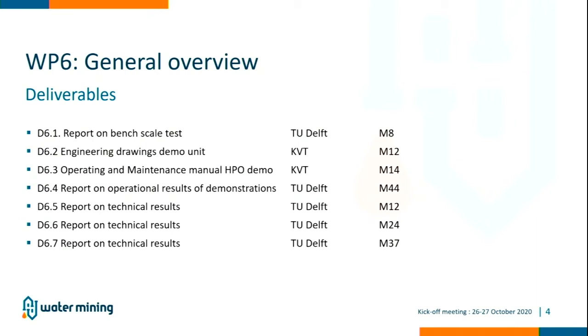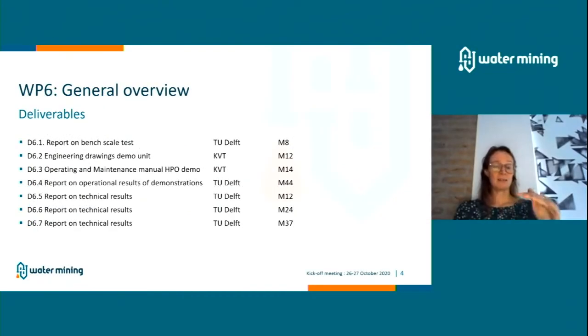Then we have the operating manual, of course, for that unit. And other deliverables focus on report outs of the demonstration and other intermediate reports to make sure that we can, along the way, share our results with the other work packages, as they can be also very relevant for them.